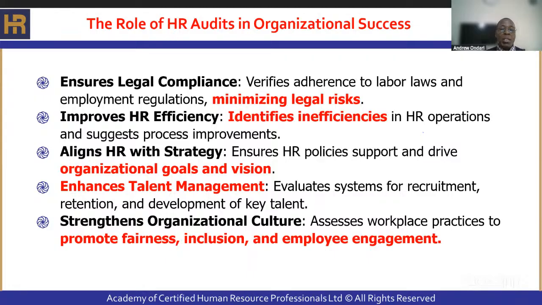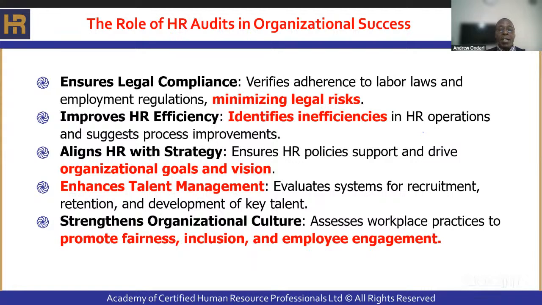So how do we then ensure that we are aligned? It is by conducting HR audits on a regular basis. So what is the regularity of HR audits? One, quarterly. Two, biannually.